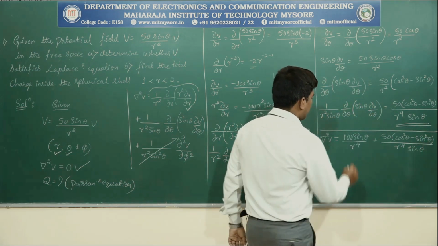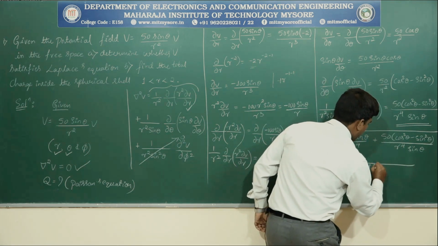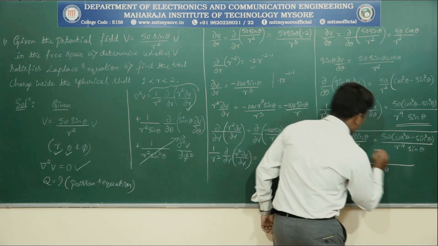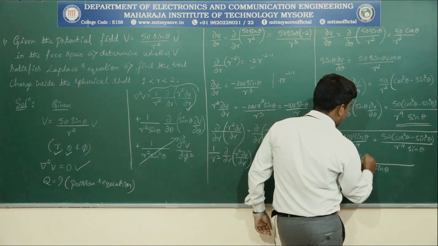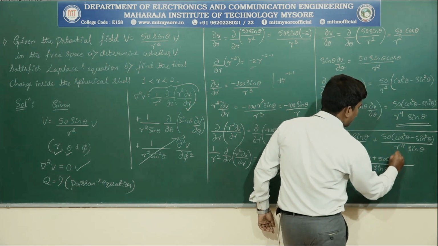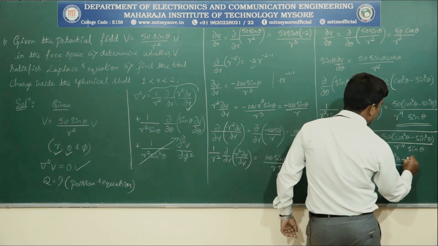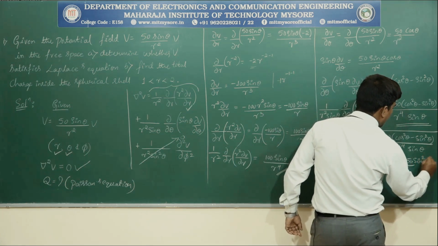What is the LCM of these two? LCM of these two is r power 4 sin theta. After solving this, what we are going to get? 100 sin square theta plus 50 cos square theta minus 50 sin square theta.